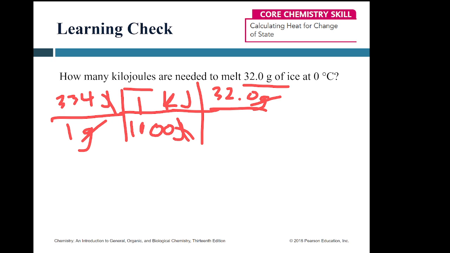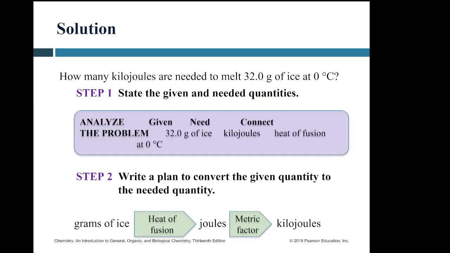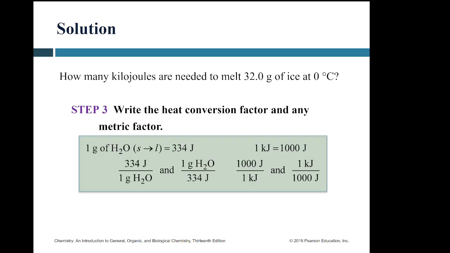Okay. Now please note that that was just working the units. I didn't bother with the formula, did I? I just went, I don't need a formula. The units will actually guide me in this. Now, if you want to use the formula, how you would use that is, again, you do what do I have, what do I need, how do I get there? Okay, I want kilojoules, I have grams. So if I go ahead and go, well, let's see here. I'm going to need a heat of fusion, aren't I? And so I would grab that heat of fusion.